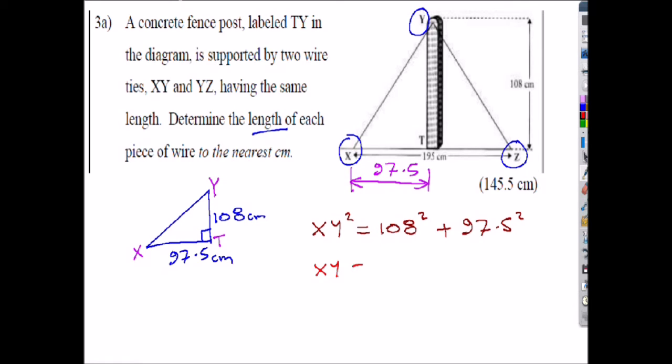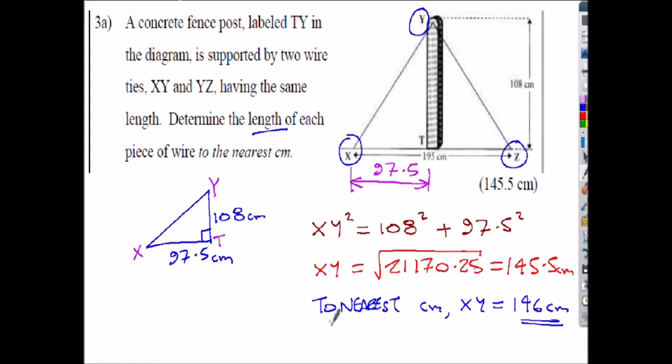Evaluating, XY is equal to 145.5 centimetres, or to the nearest centimetre, XY would equal 146 centimetres. The answer given here in the question is actually to 1 decimal place, but we have to give the answer to the nearest centimetre, so that will be 146 centimetres.